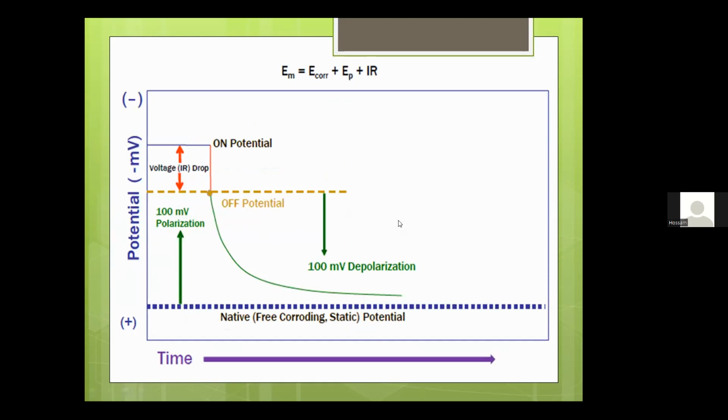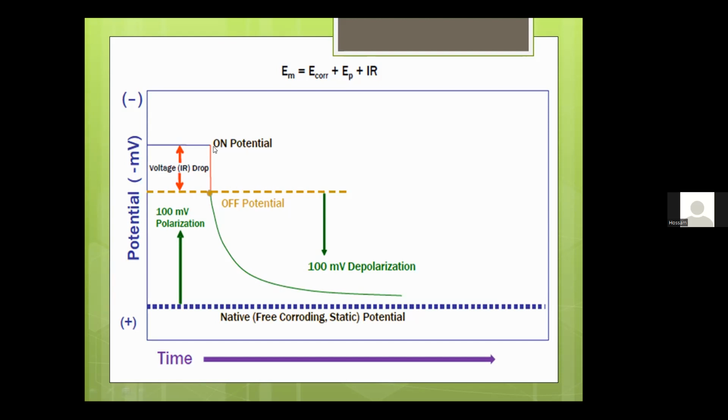Here is the difference between the on potential, the off potential, and the native potential, or depolarized. If we don't have an interrupter and connect the reference electrode to the structure, we can measure the on potential only. If we connect an interrupter, we can measure the off potential here.